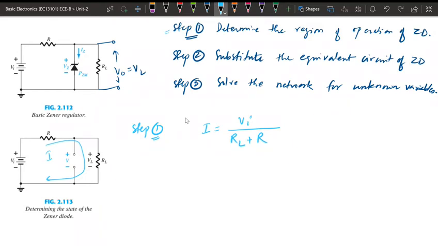Once we need to find out this V, that is equivalent to the voltage across this load resistance.